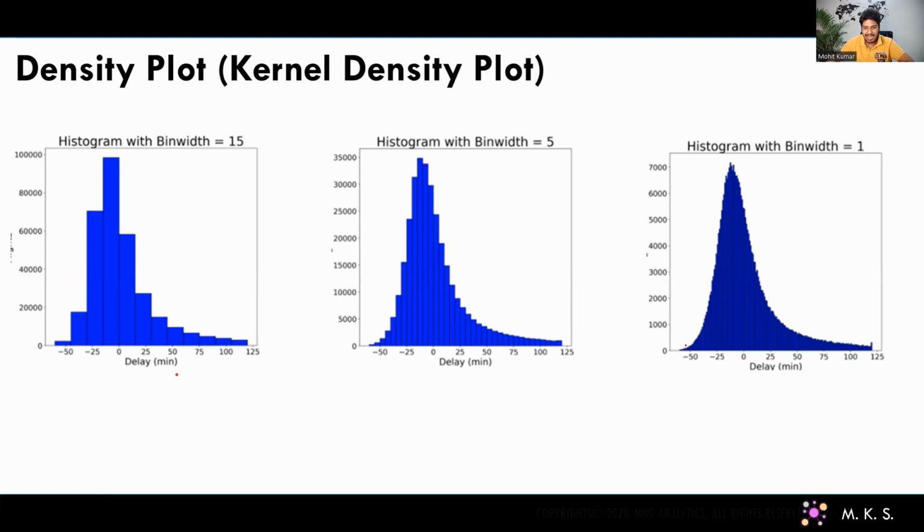That's the classic example, guys. When you reduce the bin width, or the interval size, of your histogram, your histogram will look smoother. Now, when you join the center points of all these bars, that curve we call the density plot.